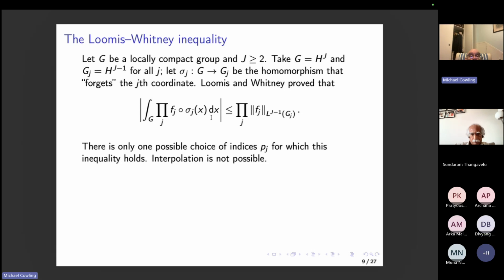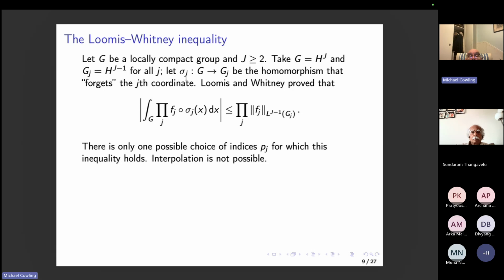If we've just got a locally compact group H and some index J, which has to be at least 2, and we take G to be a product of J copies of H, and G_j to be a copy of J minus 1 copies of H, then for each j, we can let sigma_j, going from J copies of H to G_j, J minus 1 copies of H, be just a homomorphism that forgets one of the coordinates.